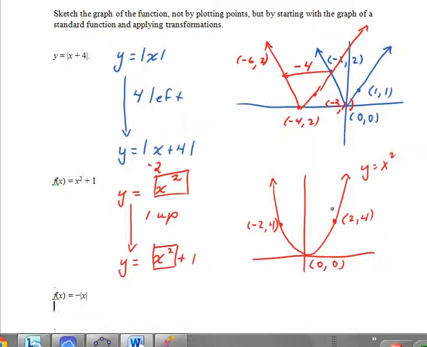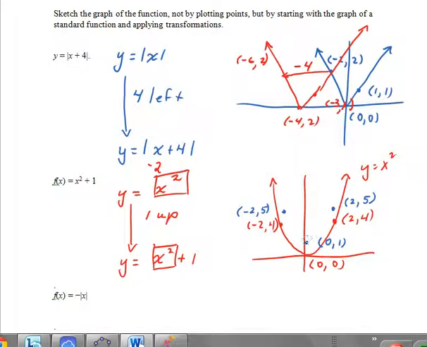So when we go up 1, these points are going to be 0, 1, 2, 5, and negative 2, 5.